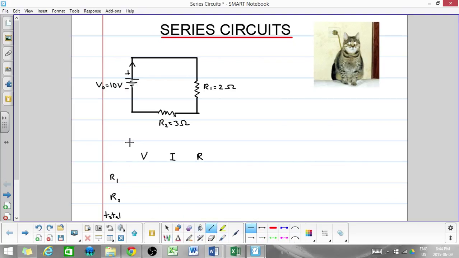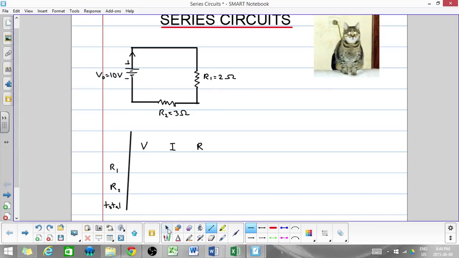And let's make it look more chart-like. Perfect. And the relationship between the potential, the current, and the resistance for each resistor and for the circuit as a whole is going to be Ohm's law, V equals I times R. So these are column headings, but also the elements in Ohm's law.